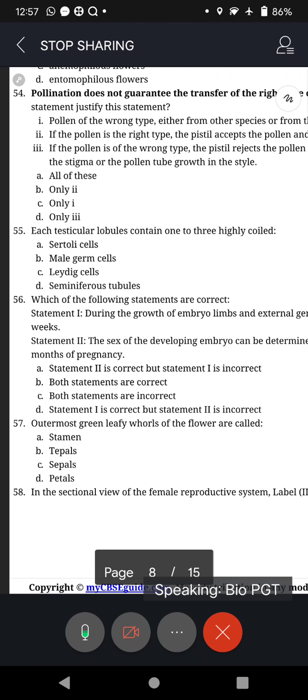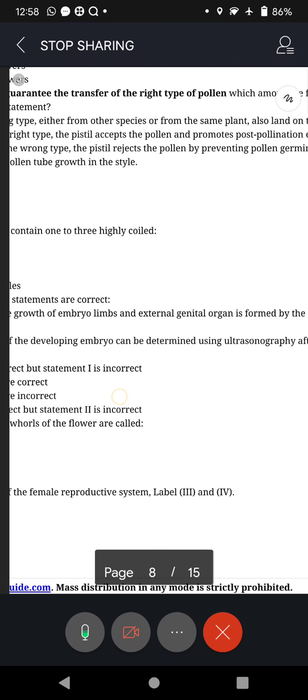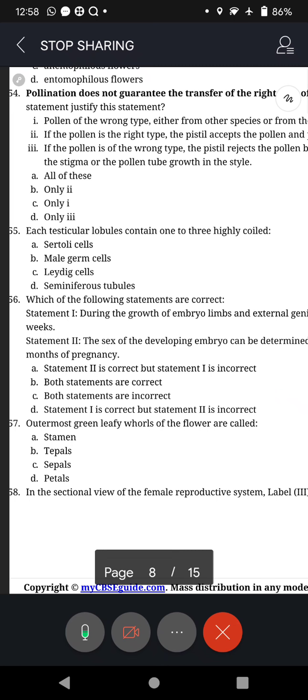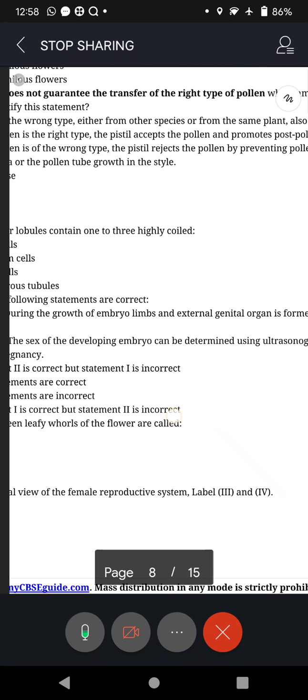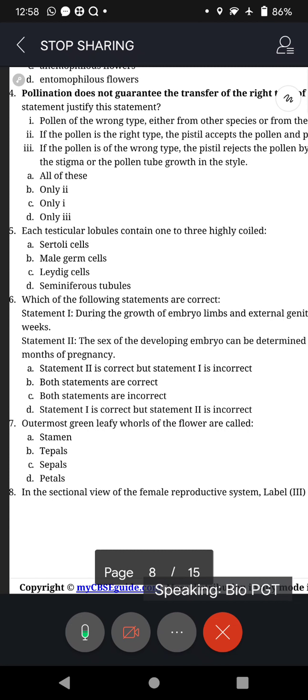Question number 56. Which of the following statements are correct? Statement 1. During the growth of embryo, limbs and external genital organs are formed by the end of 12 weeks. Second statement, the sex of the developing embryo can be determined using ultrasonography after 3 months of pregnancy.